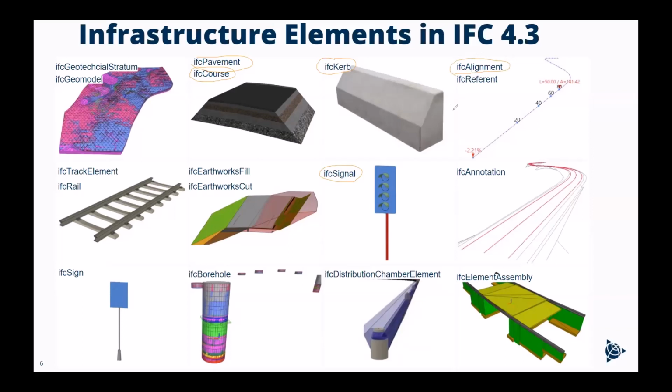So now we can also save our line, like our reference line or alignment, to the IFC alignment entity. Annotation is used for stakeout data. If we talk about some trenches or some manholes, we can use a distribution chamber element for this purpose. If we talk about bridge elements, we can use IFC element assembly.